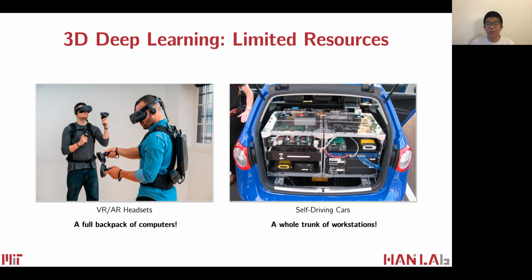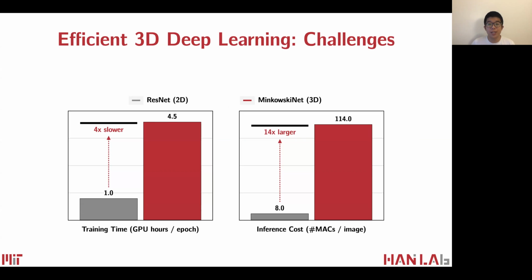To avoid all these, it is very important to design efficient 3D deep learning models that can run efficiently in these constrained scenarios. However, this is highly non-trivial due to the irregular and sparse nature of the 3D point cloud, and the additional dimension makes this even more challenging.